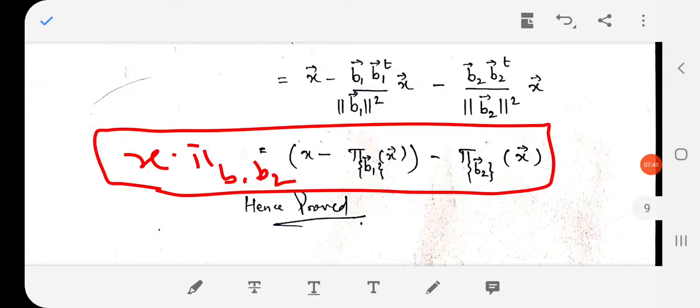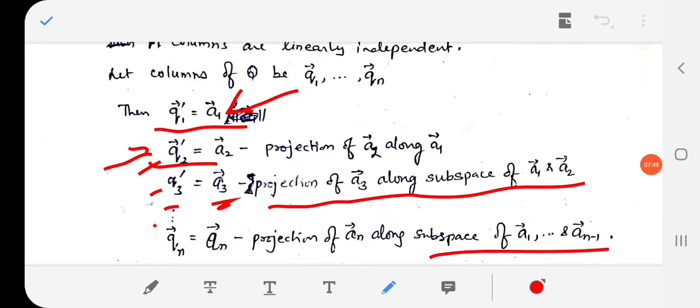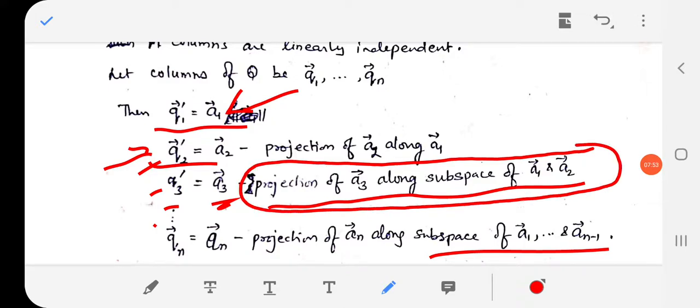We can simplify these things. This part, we can simplify just by taking the projection on orthogonal basis vectors of the space generated by a1 and a2. So a1 and a2 generate the subspace.